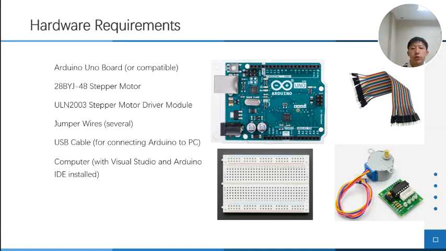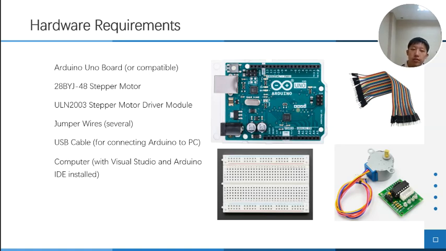To complete this project, we need to prepare some hardware. The core components include the Arduino Uno board, which acts as our microcontroller responsible for directly controlling the motor. Then there is the 28BYJ-48 stepper motor and ULN2003 driver module, which is used to amplify the output signal from the Arduino to drive the motor.